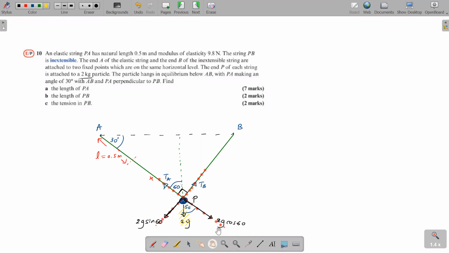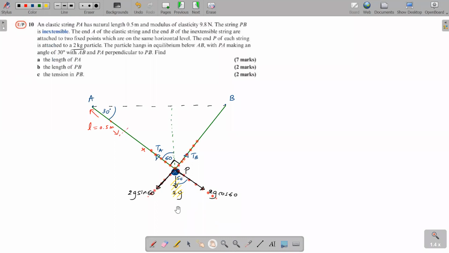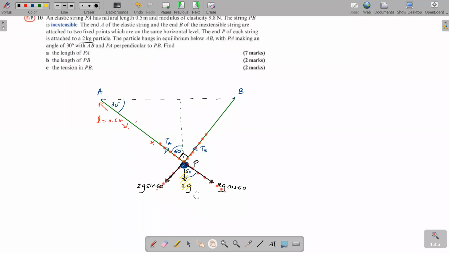And now you can see we can consider working with these two directions instead of the typical direction, because I have completed my resolving in perpendicular directions. Tension A and tension B, I don't need to change anything because they're already in the specified directions. So what can I say from here? In part A, to get the length of PA, what can we say?